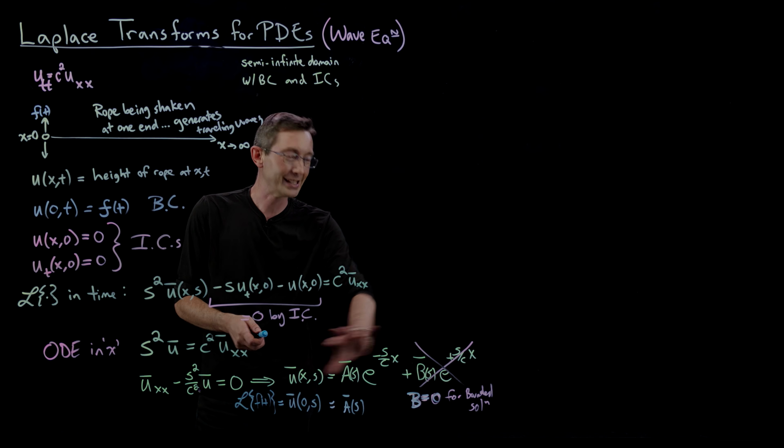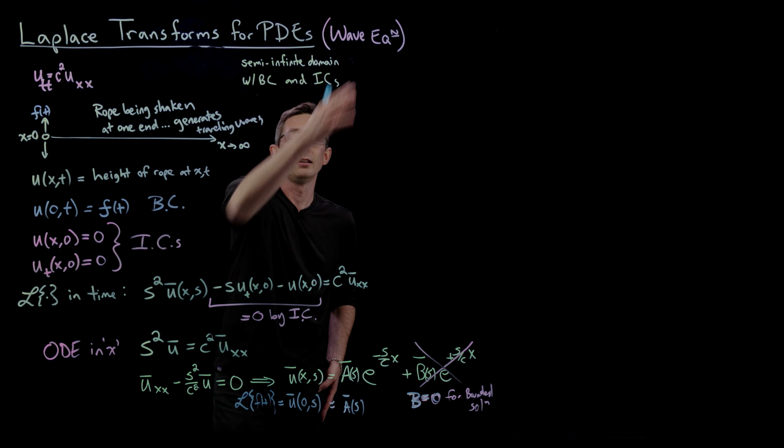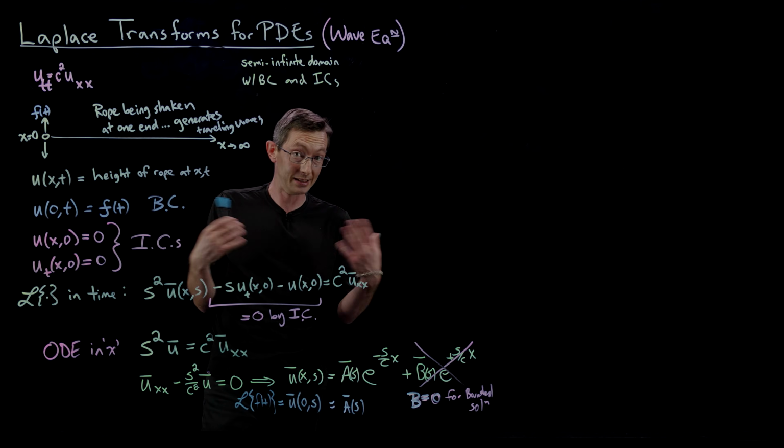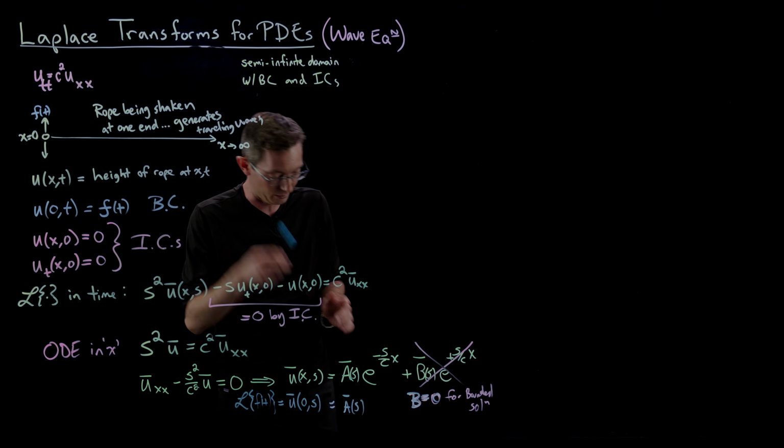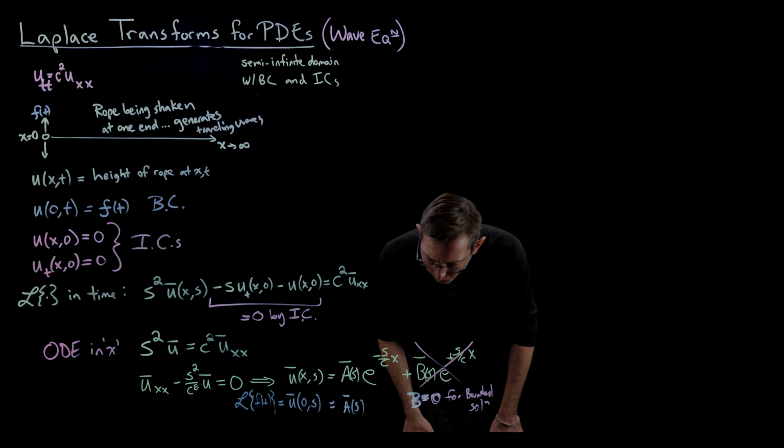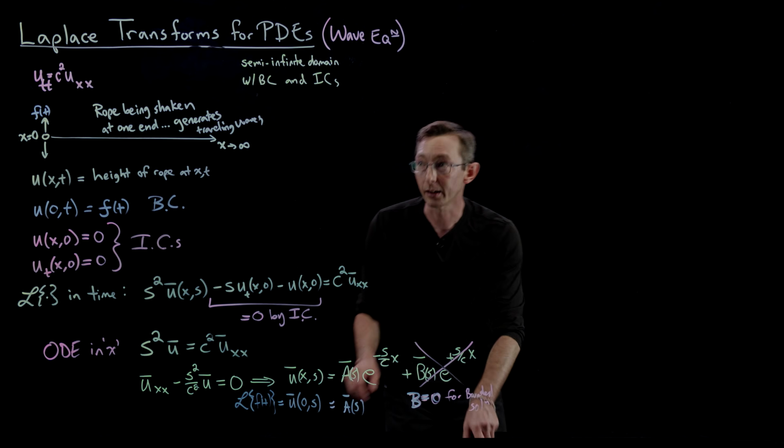Very, very simple. This is actually like an easier example of Laplace transforms for PDEs than the heat equation. Maybe I should have started with this one, but I'm ending with this one. And so the solution, I'll just write it here.